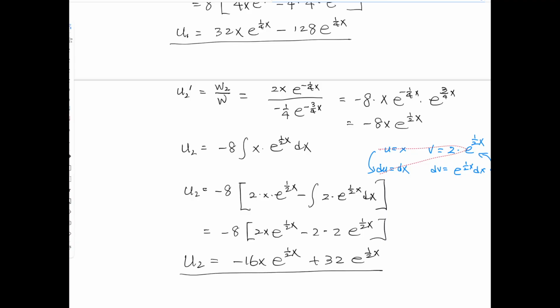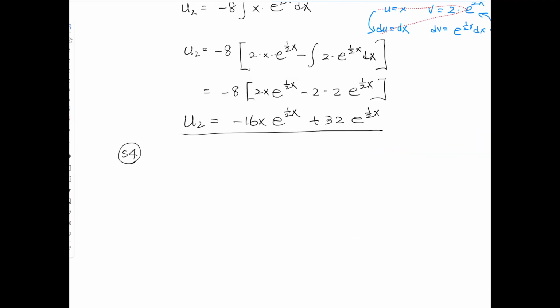That's our u2. As a next step, we need to find the yp, and that is u1 y1 plus u2 y2.